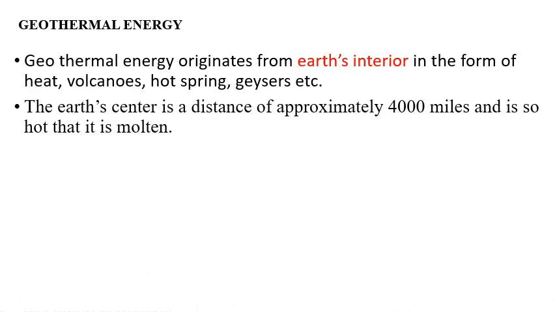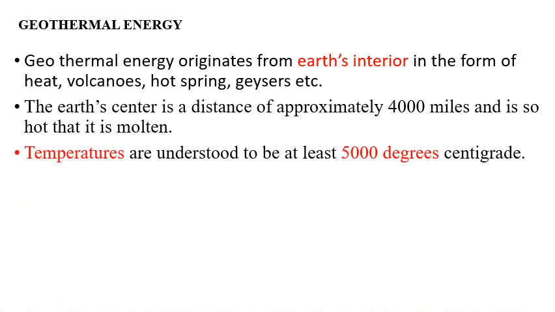The earth center is at a distance of approximately 4,000 miles and is so hot that it is in a molten state, because in the earth crust it cannot be in the form of liquid. Temperatures are understood to be around 5,000 degrees centigrade at that center.